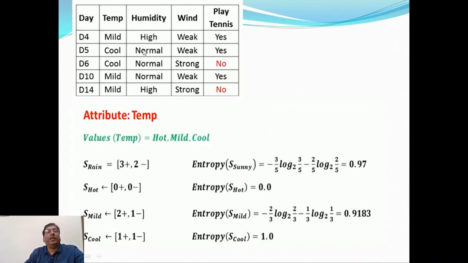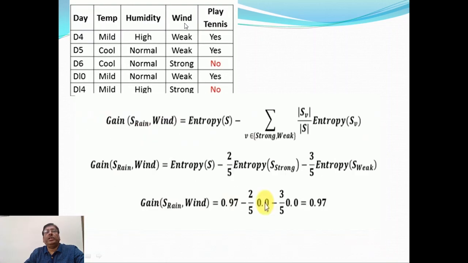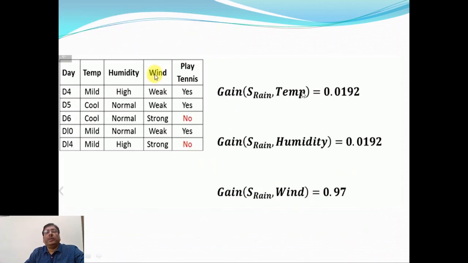So take those values with respect to rain and then calculate the entropy and the gain for temperature, humidity, wind, and so on. When you do this, you will find that with respect to rain, the temperature attribute is giving a gain of 0.01, humidity is giving 0.192, whereas wind is giving 0.97.